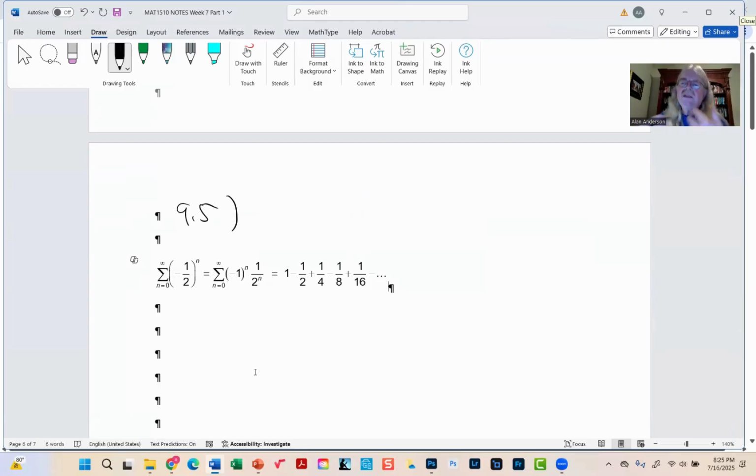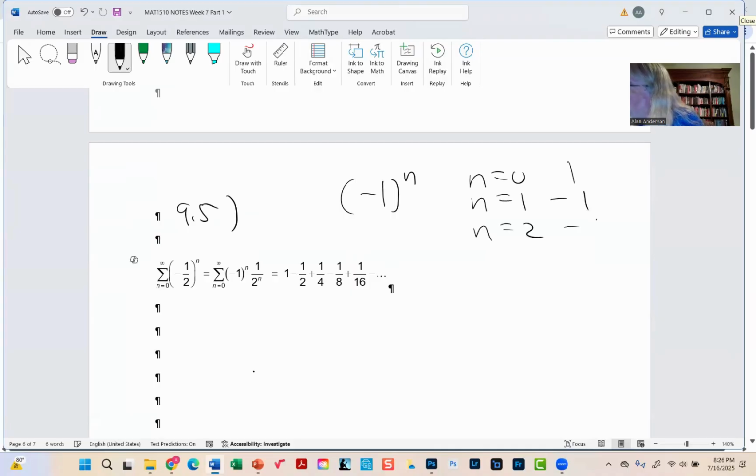Now, the way they get this done is to have -1 to the nth power, so that, of course, when n is 0, this is just 1. When n is 1, this is -1. N is 2, this is +1. And it just alternates back and forth between the two.